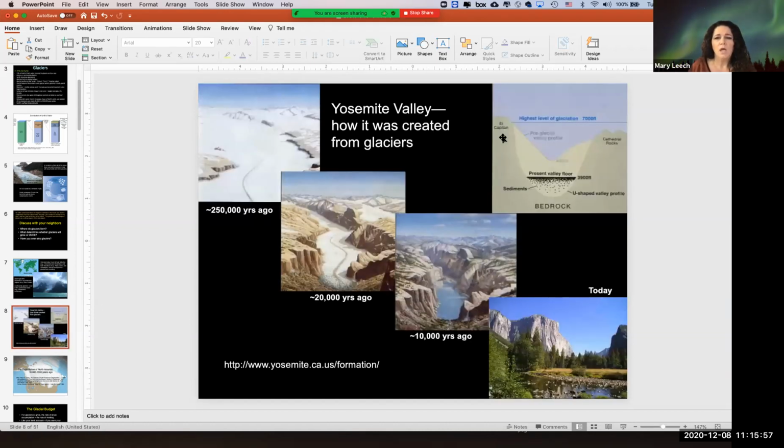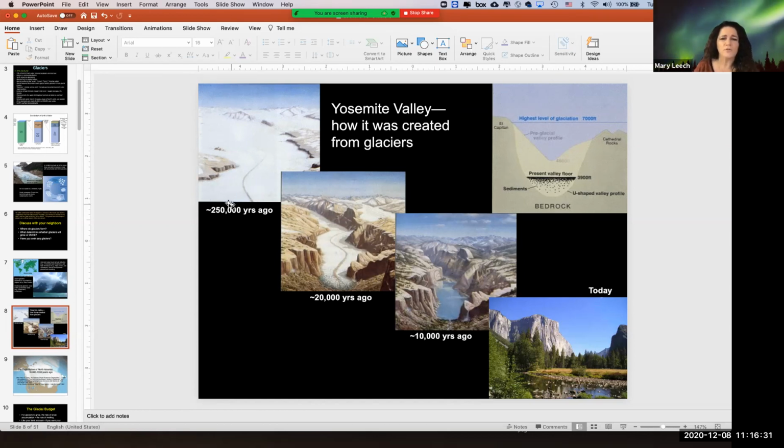Okay, so just as an example, and I've shown you pictures of Yosemite before, to explain how it forms, here's what it would have looked like maybe 250,000 years ago, when continental ice came down to southern latitudes, when there was a huge amount of ice.